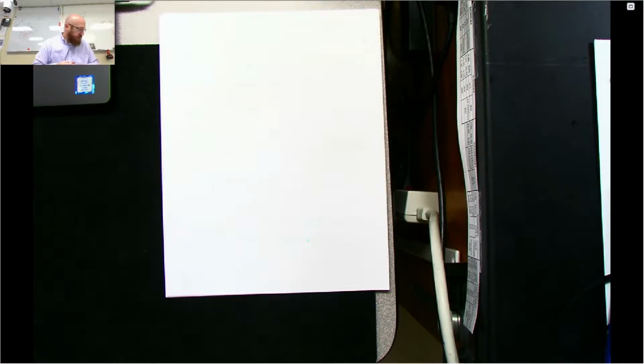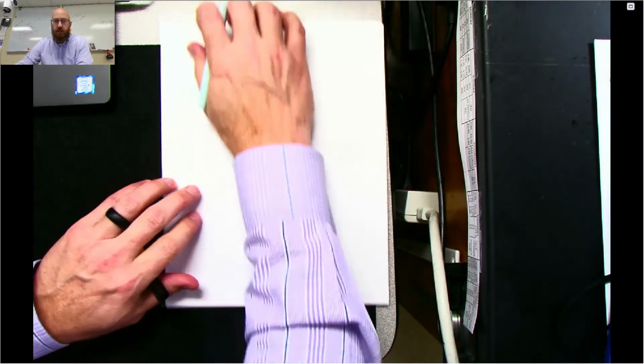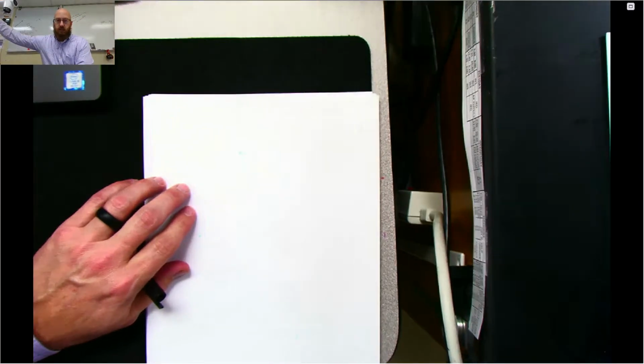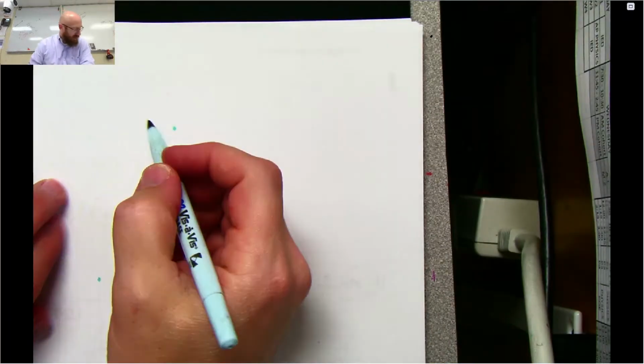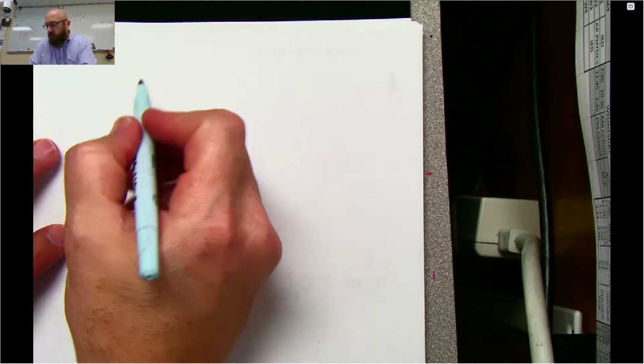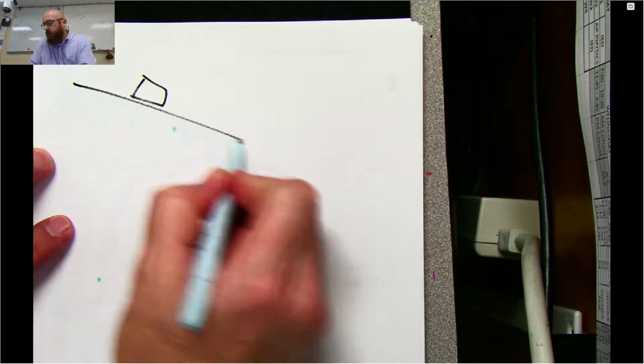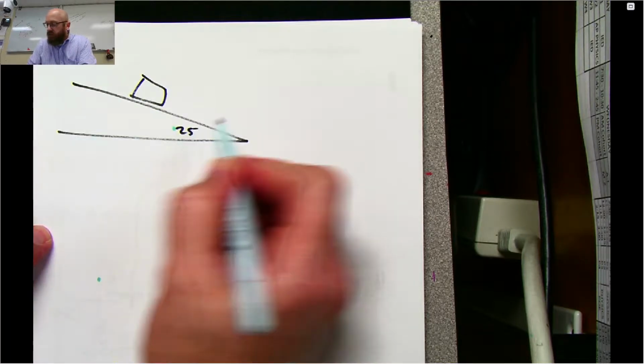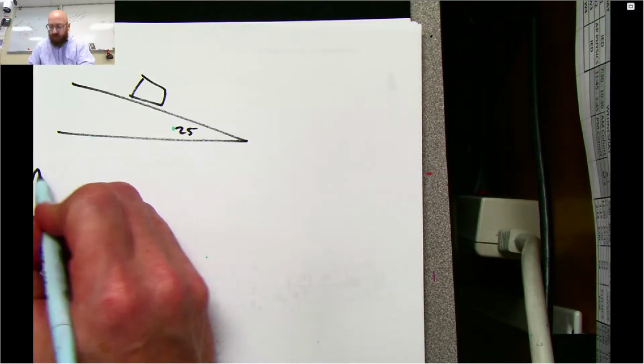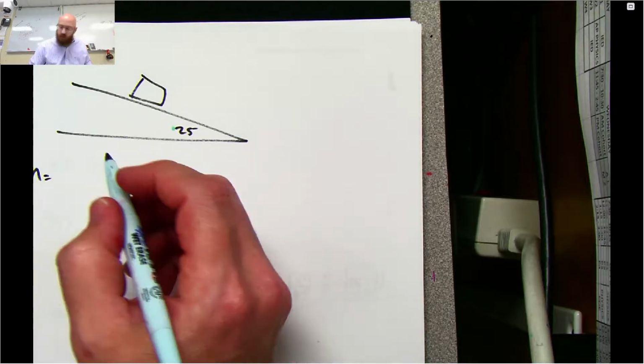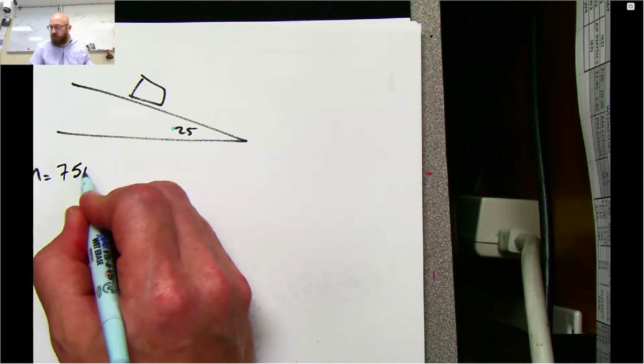Number 3, a 75 kilogram box slides down a hill. Alright, so we've got a box sliding down an incline of 25 degrees. The mass of the box is 75 kilograms.